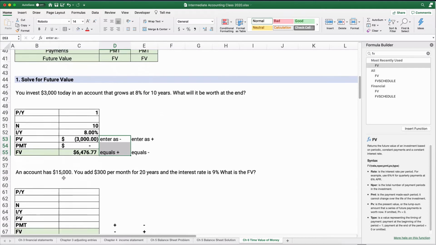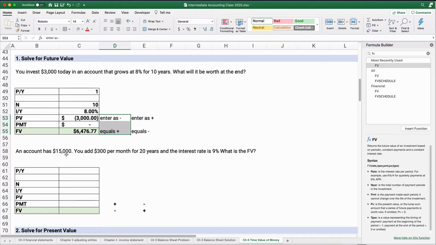Let's do another one. An account has $15,000. You can add $300 per month for 20 years, and the interest rate is 9%. What is the future value? Same kind of problem, except now we have a present value and we have a payment. So this needs to be a monthly problem because we're adding $300 per month.